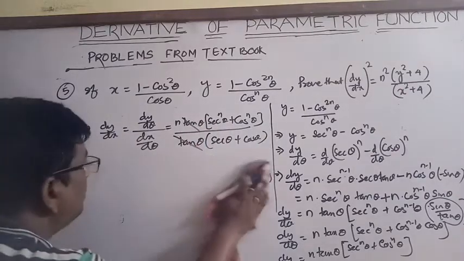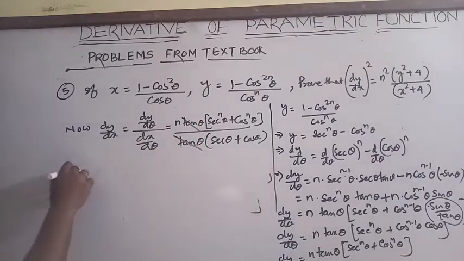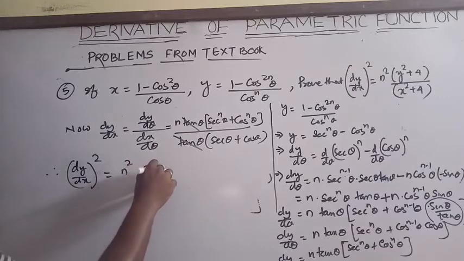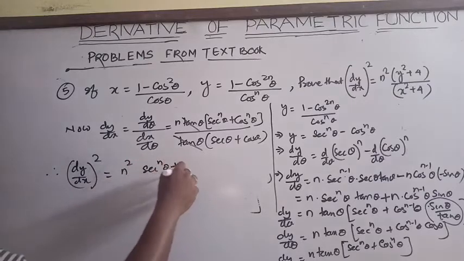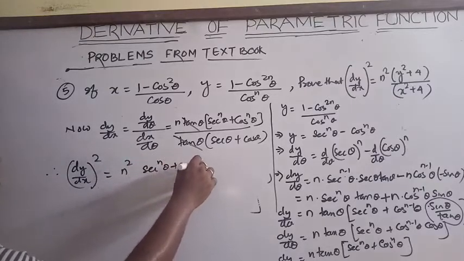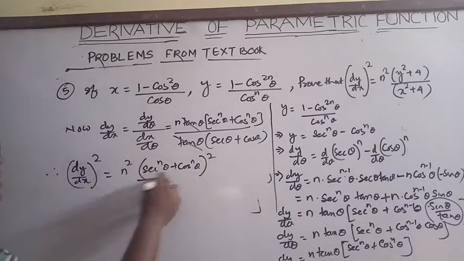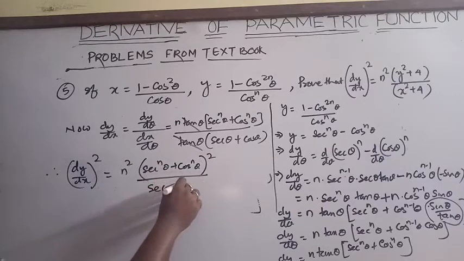Now dy by dx whole square is equal to n square into (sec n theta plus cos n theta) whole square, divided by (sec theta plus cos theta) whole square.